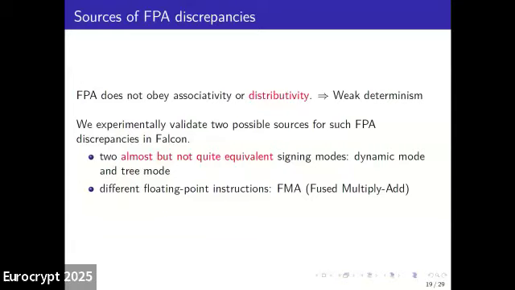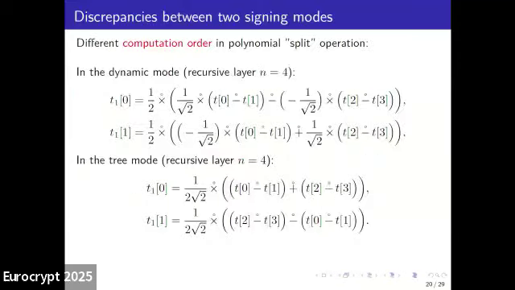The first one is two almost but not quite equivalent signing modes, dynamic mode and tree mode. The dynamic mode computes the Falcon tree on the fly, and the tree mode pre-computes the tree and stores it as the input. And the second one is the different floating point instructions, FMA.